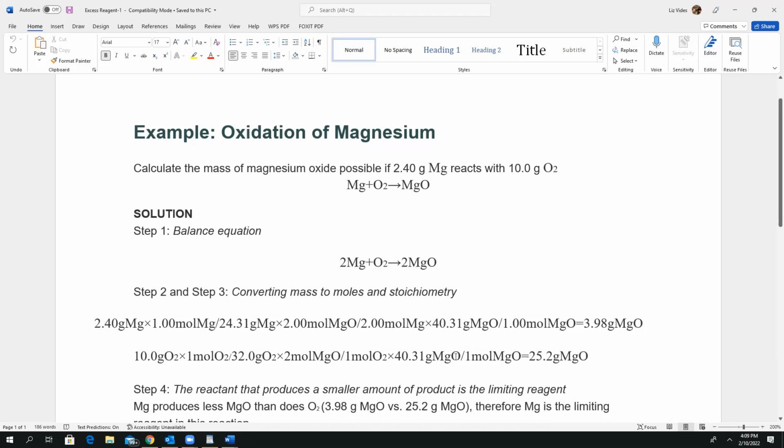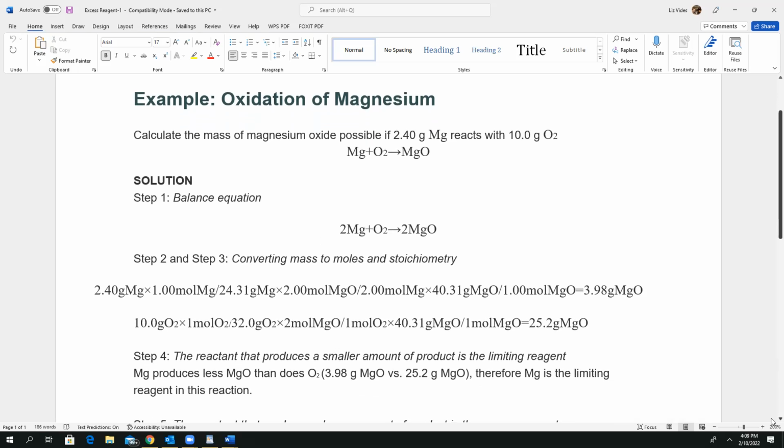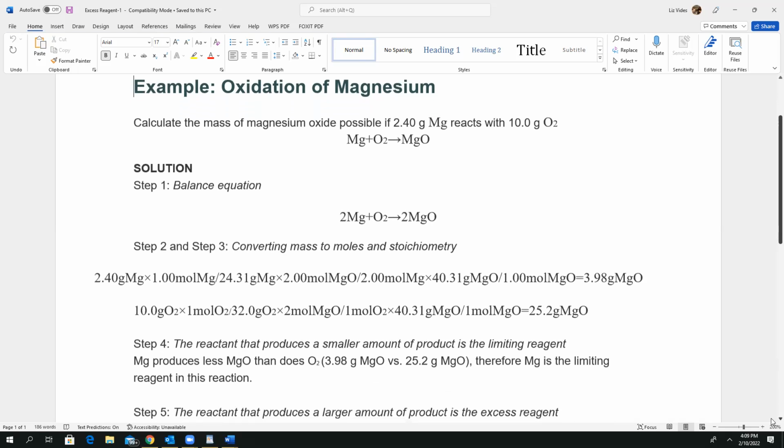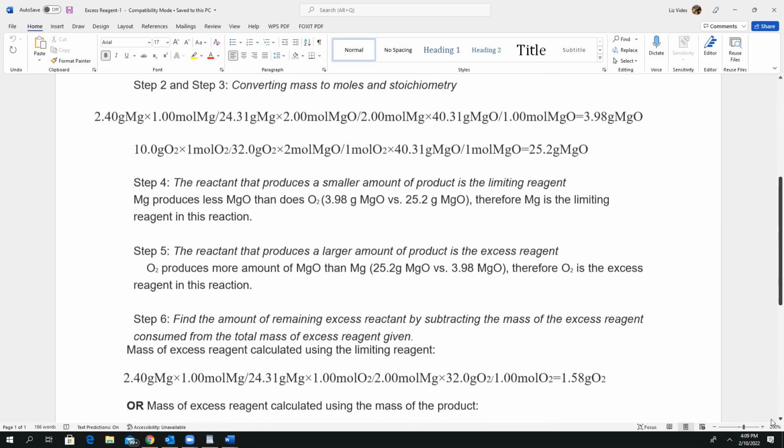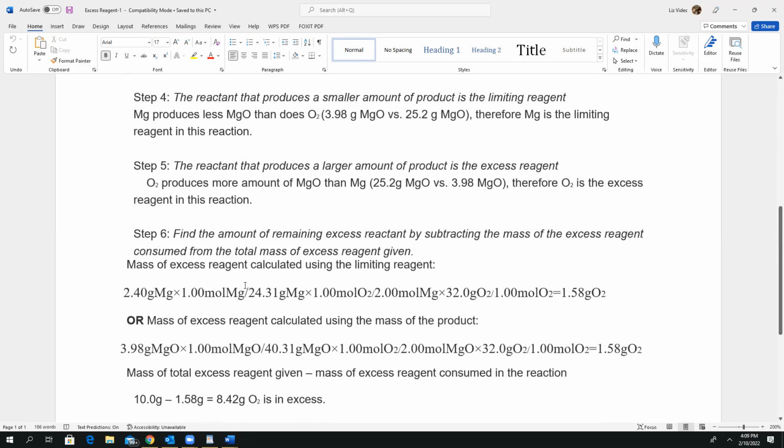And then step 4, whichever one is smaller, that's your limiting, and the other one's your excess. And now, to figure out how much is in excess, you need to find the amount of the remaining excess reagent.